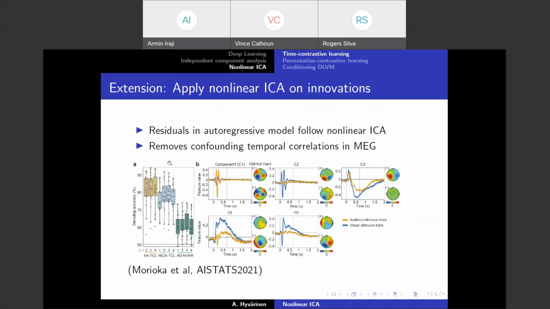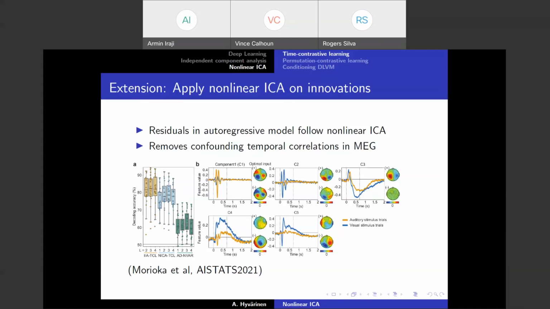Okay, next slide, please. So very recently, we provided a much improved version of this idea, where we take into account temporal correlations as well, in addition to the non-stationarity, by using an autoregressive model. Everybody knows that MEG and EEG have strong temporal correlations. And you can fit, for example, a linear autoregressive model to the data. And it's a meaningful model.